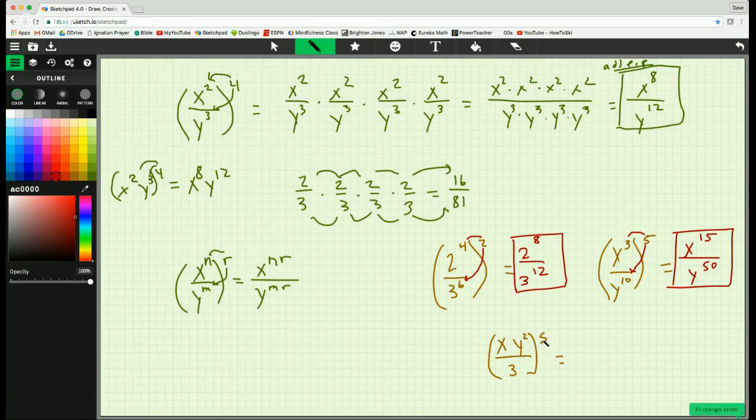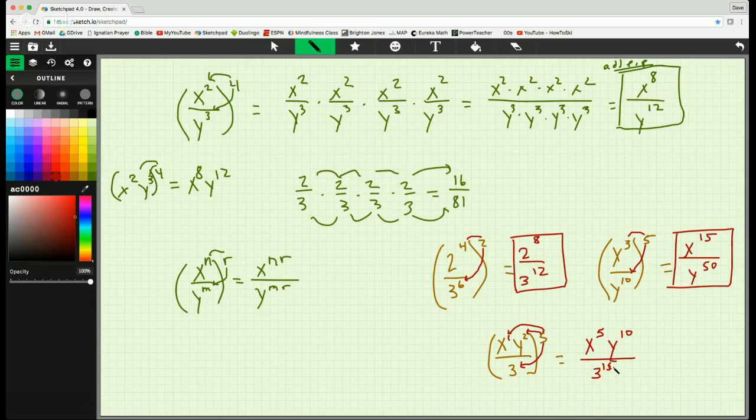And here we have 3 arrows. Well, what is this hidden exponent right here? We haven't really covered it, but x is like an x to the 1. So our answer is going to be x to the 5th, y to the 10th, over 3 to the 15th.